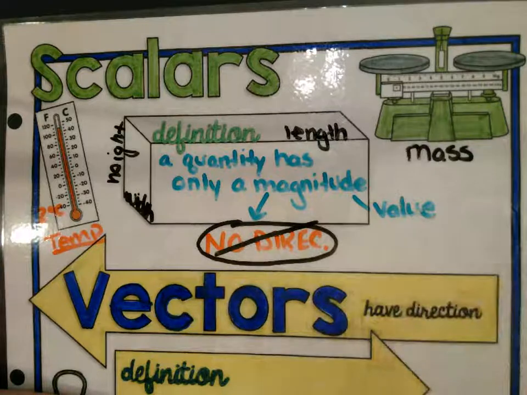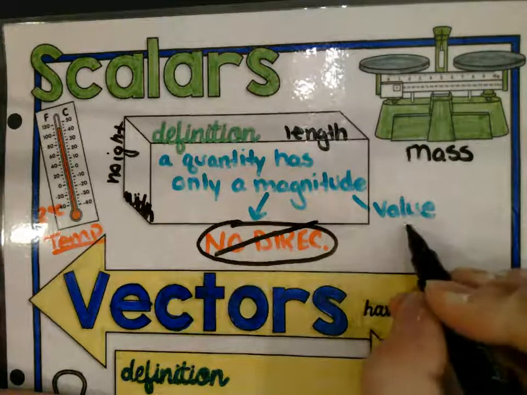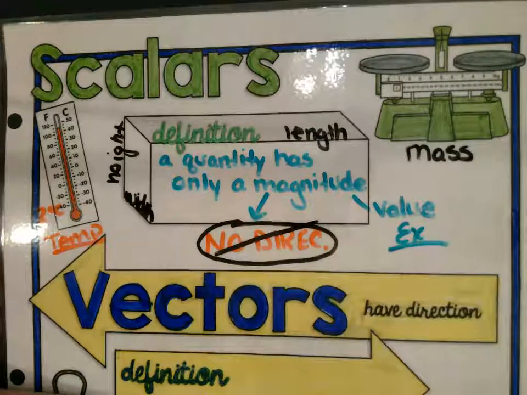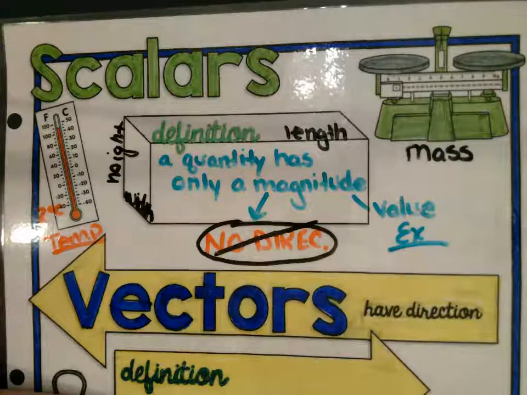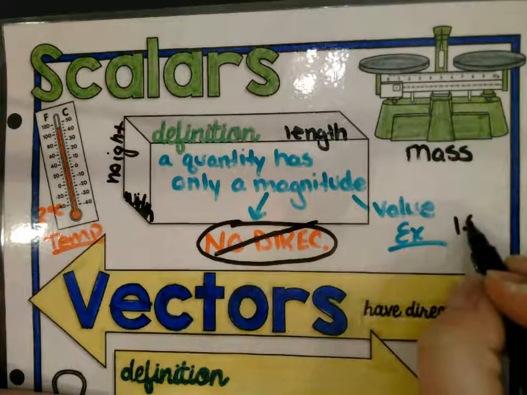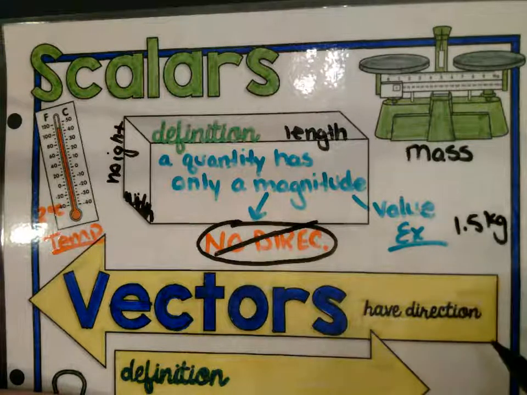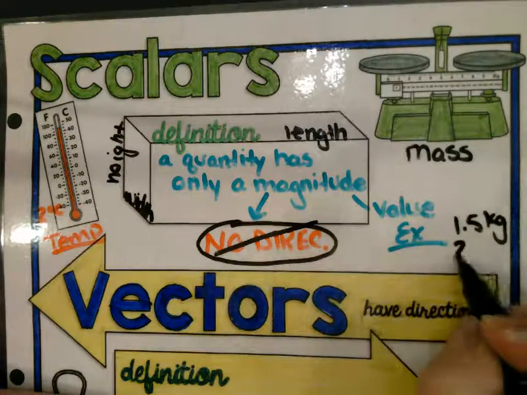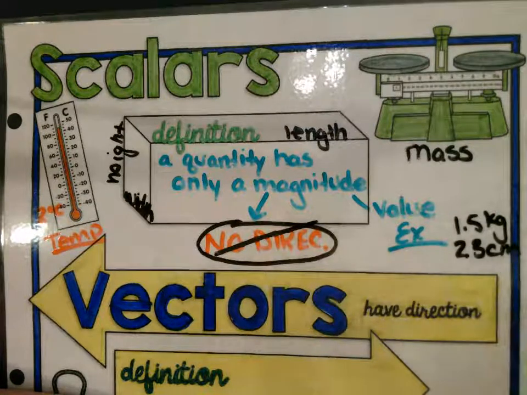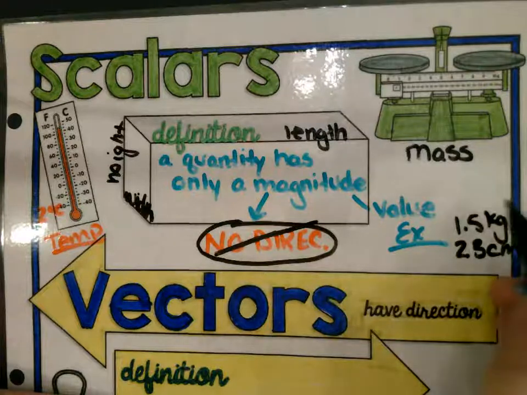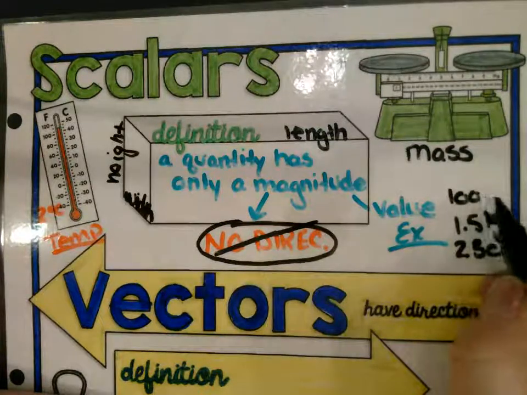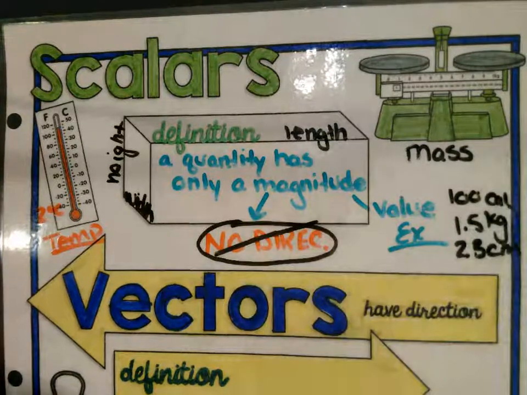So scalar examples would be things like it weighs 1.5 kilograms. It's 2.3 centimeters long. It doesn't have a direction. Something has 100 calories. Believe it or not, calories is a scientific measurement. So those are all different examples of scalars.